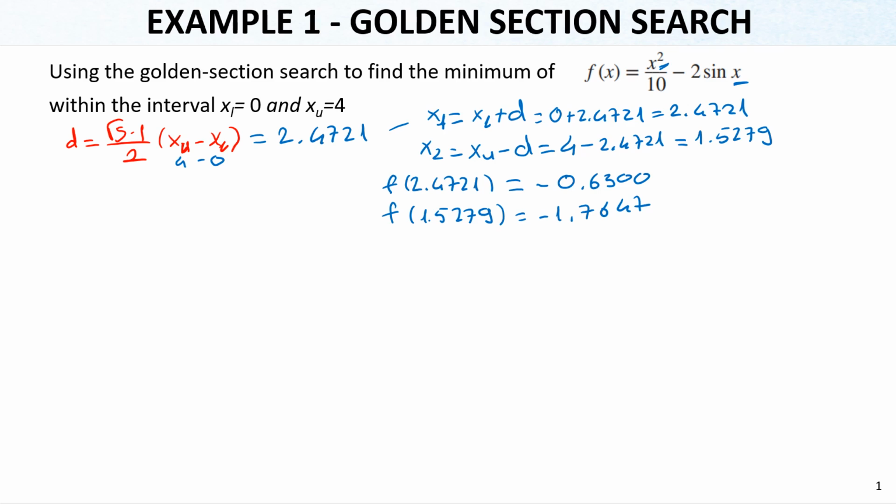And we will check if fx2 is smaller than fx1. Here you can see this is fx1, this is fx2, and fx2 is actually smaller than fx1.